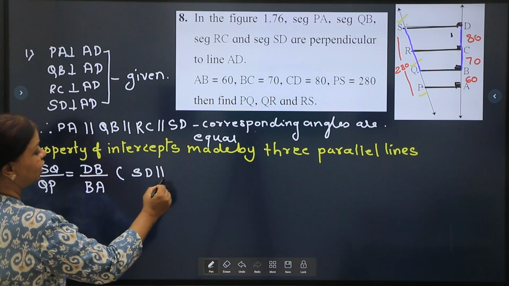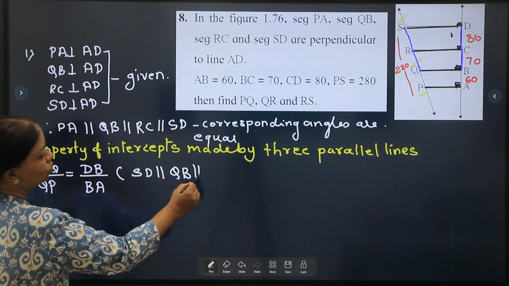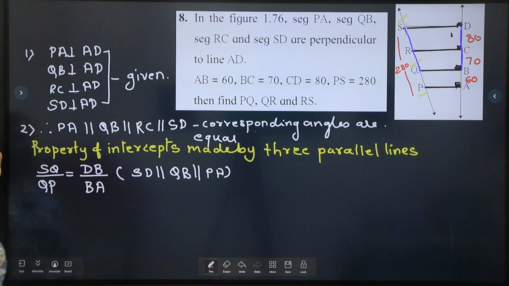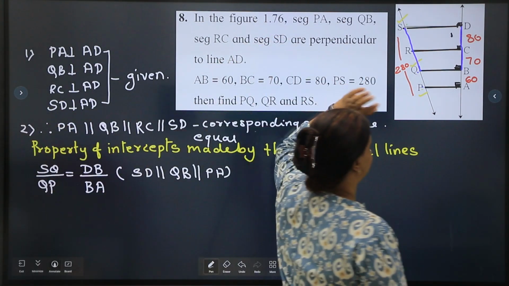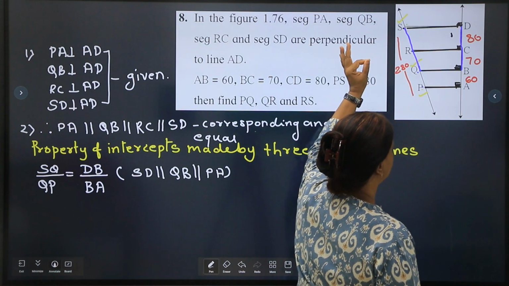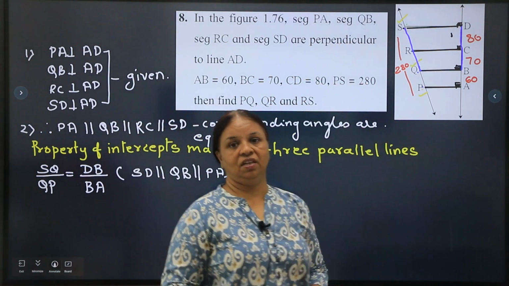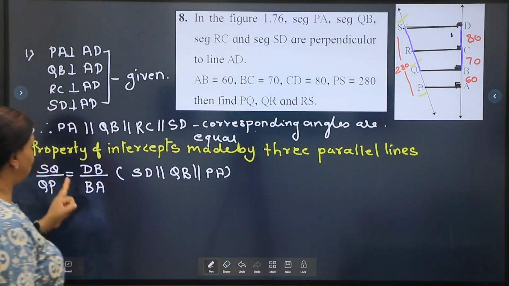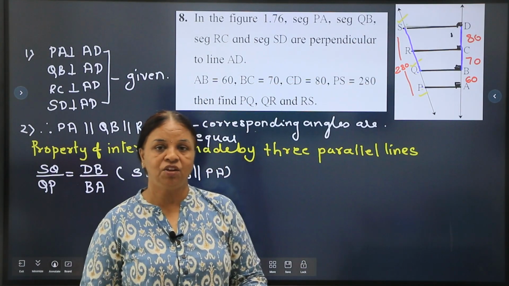SD parallel to QB parallel to PA. These are the three lines which we have considered. Now SQ is not given and PQ is also not given, so what is given? SP is given. That means I need to convert SQ in the form of SP. So the direct value I can use here.